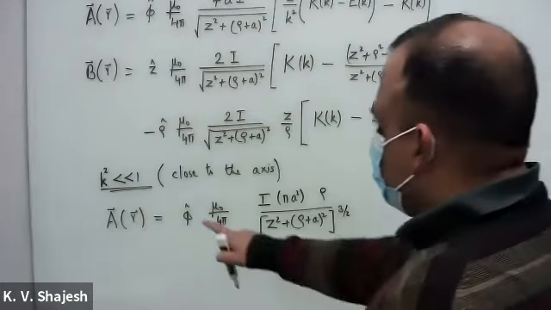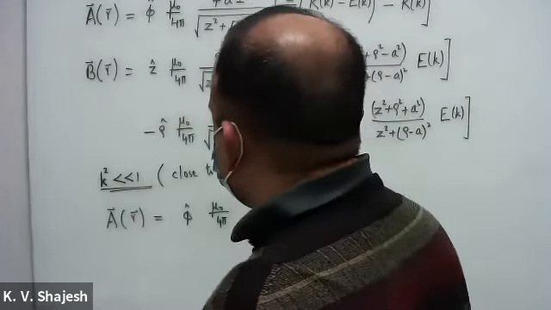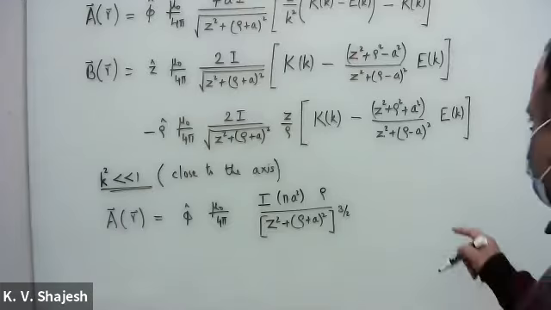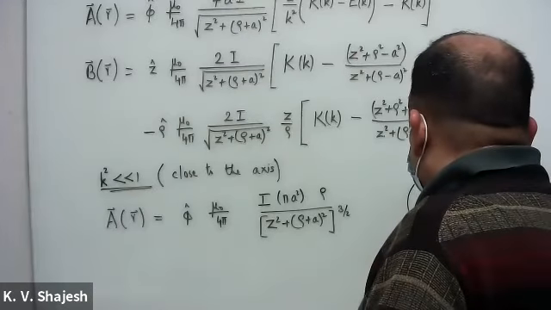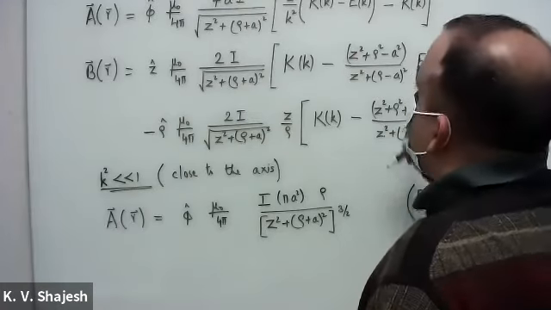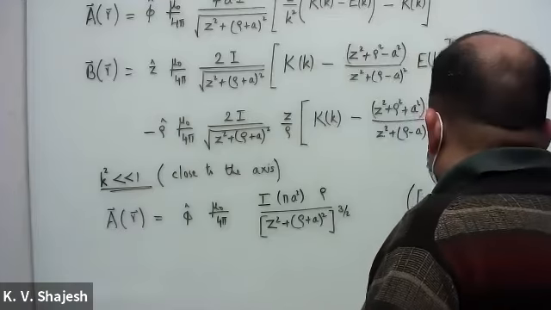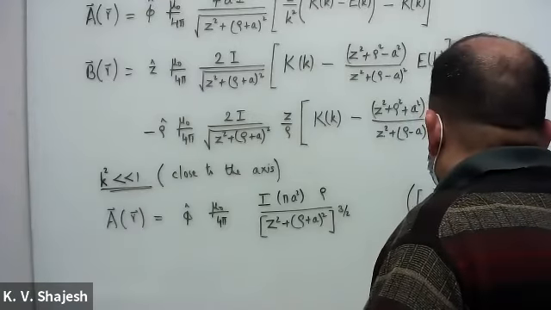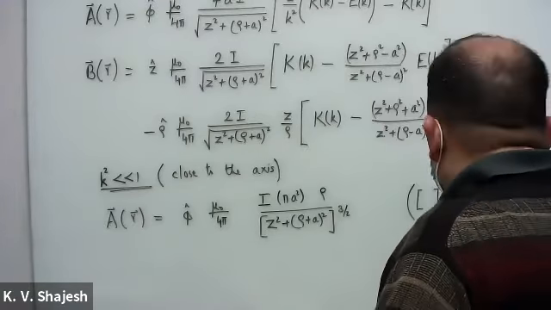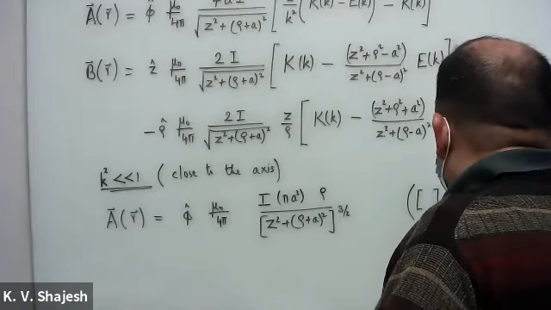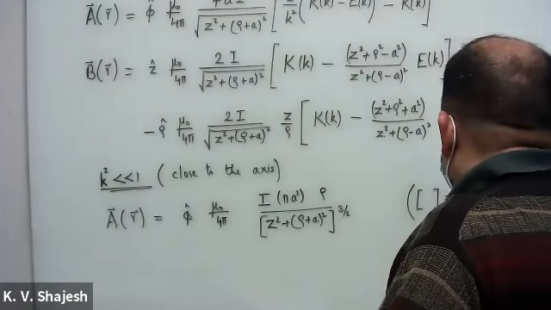So this was keeping up to order k squared, and we used the fact that the square bracket in the expression for A was equal to, I think it was pi by 16, sorry. So it is pi by 16 k squared.